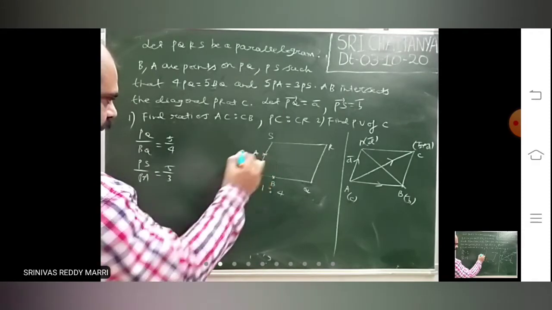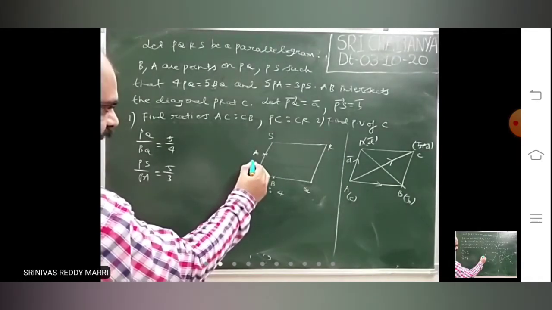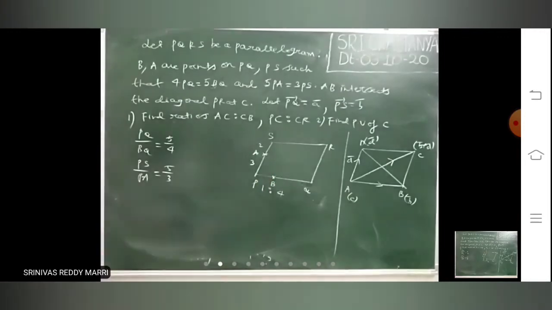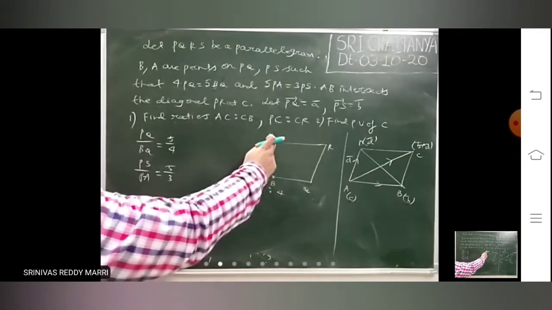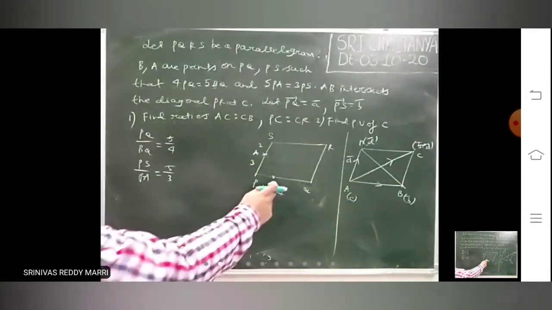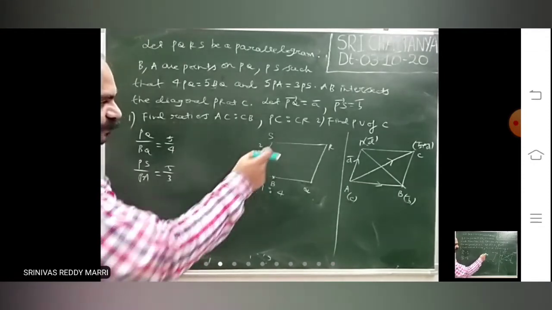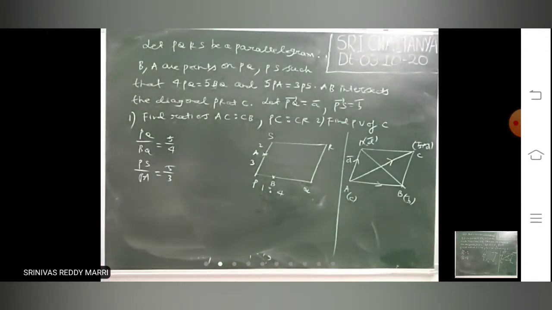So A divides PS in the ratio 3:2. Look, PS is 5, PA is 3. That means it divides in the ratio 3:2, indirectly given. A divides PS in the ratio 3:2.